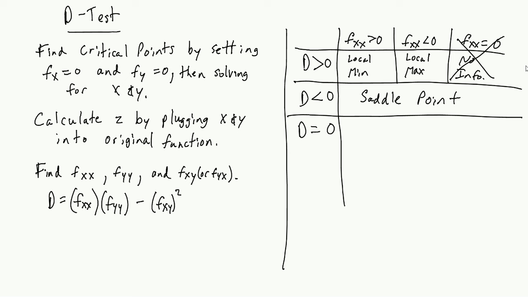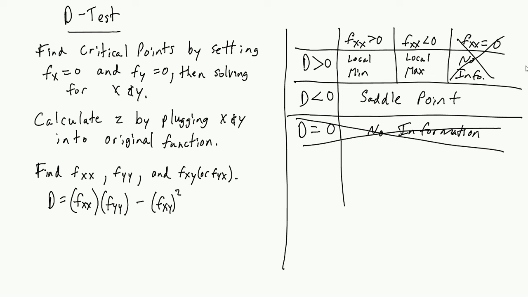If D actually equaled 0, it's sort of like f double x equaling 0 here. We can't really tell. So there's other methods to go through to try to figure out what you have. Again, for us, we're not going to have that option. Everything you're going to see is going to work out to be a min, a max, or a saddle point according to this test.